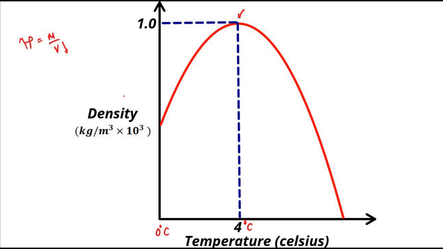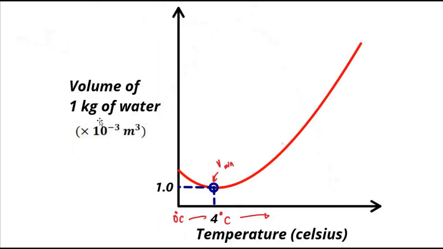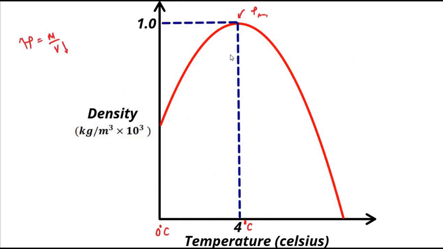It is expressed in kg per meter cube into 10 to the power 3, and here the volume is expressed for 1 kg of water, into 10 to the power minus 3 meter cube, and temperature in Celsius. So this is the peculiar way in which water behaves when it is heated, especially in the 0 degrees Celsius to 4 degrees Celsius range.